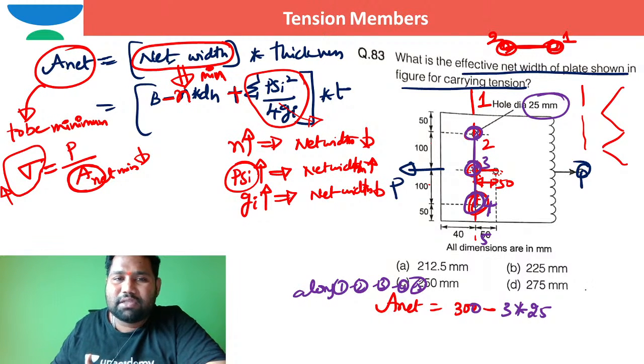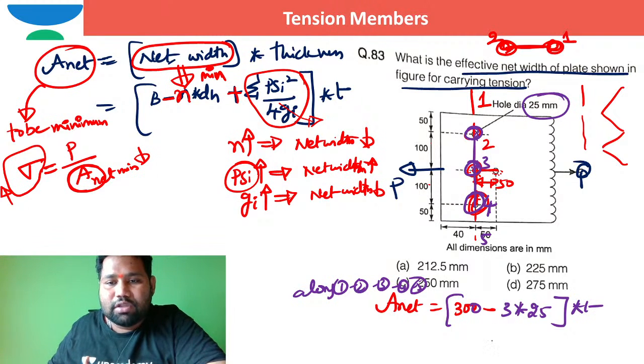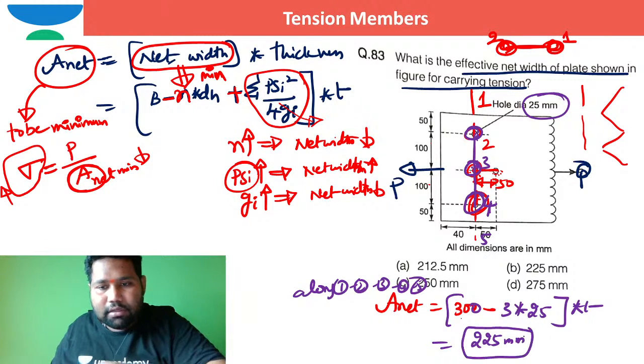So the pitch square term we can avoid, multiplied by thickness. So this is the net width. The net width will definitely be 300 minus 3 times 25, directly we can write it as 225 millimeter, right?